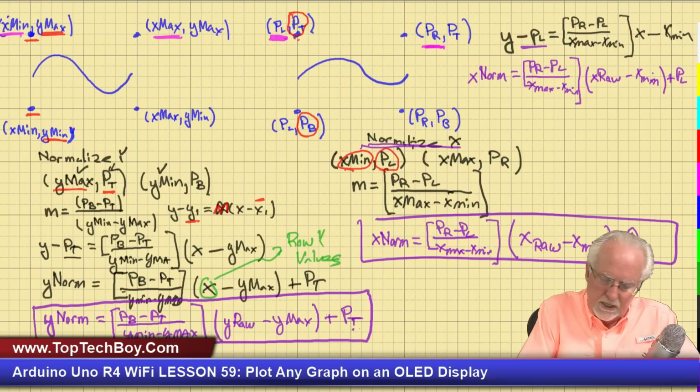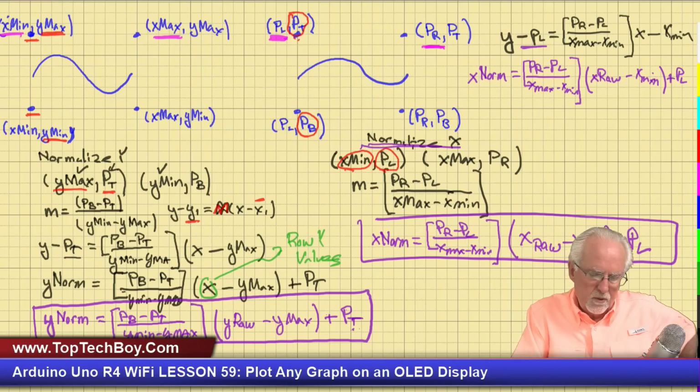All right, let me check that. PR minus PL over X max minus X min, X raw minus X min plus PL, that's right. And then Y norm is PB minus PT over Y min minus Y max onto Y raw minus Y max.